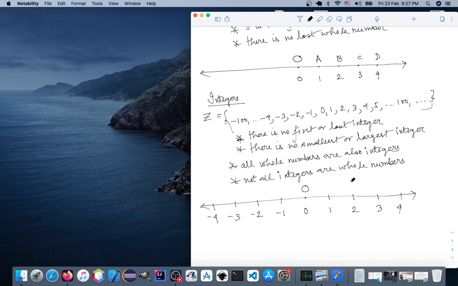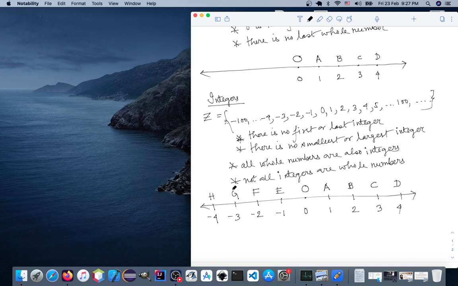So the point A is equidistant from O, the point B is equidistant from A. B denotes the value 2, A denotes the value 1, center O always denotes the value 0, C denotes the value 3, D denotes the value 4, similarly E denotes the integer -1, F denotes the integer -2, G -3, and H -4.